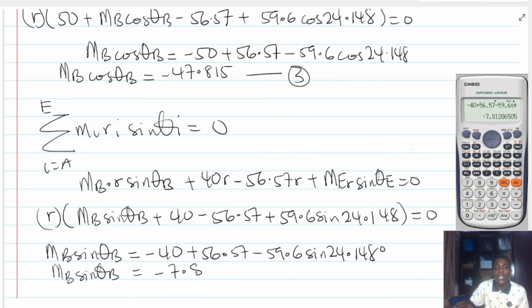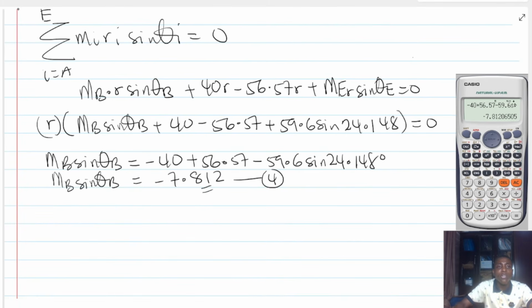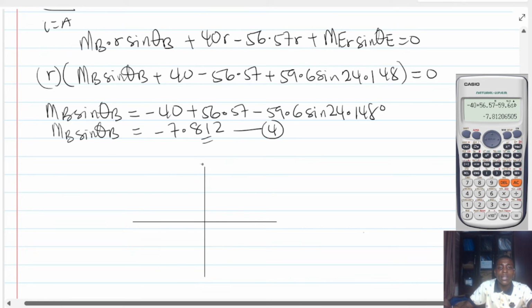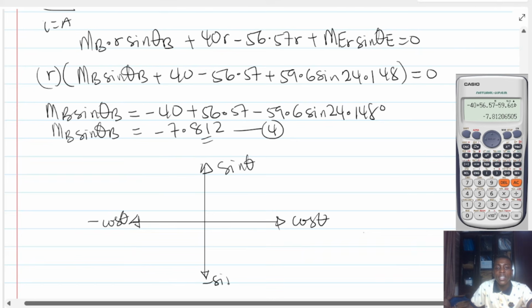Now, you see, with this one, sine theta is negative, cos theta is also negative. What this means is that if I draw the quadrant, this is positive cos theta, this is negative cos theta, this is positive sine theta, and that is negative sine theta.